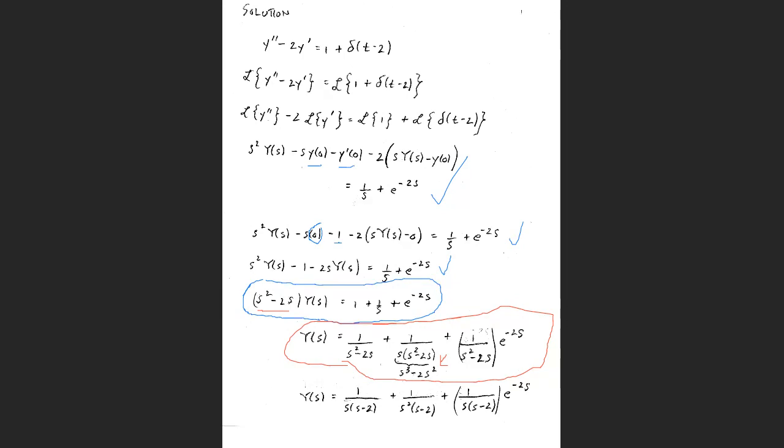Now we recognize that we're going to be taking the inverse Laplace transform of both sides of this equation, and that means that for each of these rational functions, I have to get a partial fraction expansion. Two of these rational functions are the same, so we only need to get two partial fraction expansions.